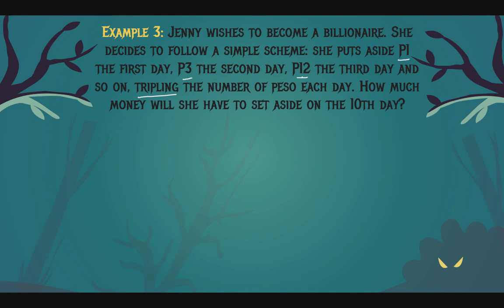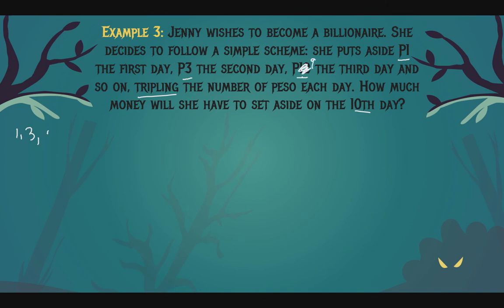So, dito, sulat muna natin yung sequence natin. 1, 3. So, kung 1 ang first day, second day is 3. Dapat ito ay 9. So again, sorry for that typo error. 9 and so on.